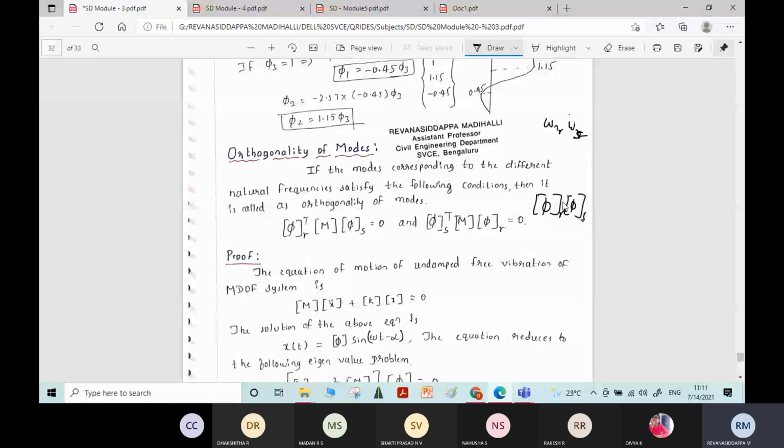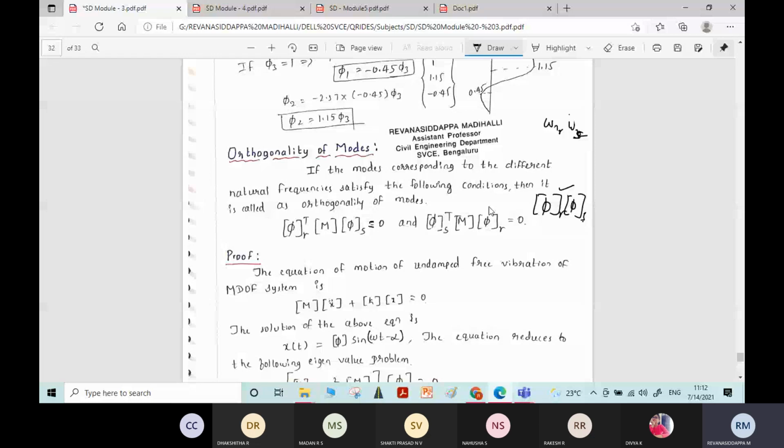As per orthogonality of modes, phi r transpose into matrix M into phi s will be equal to 0. That is, the transpose of the first mode shape matrix into the mass matrix into the second mode shape matrix will be equal to 0. That is the statement of orthogonality of modes.